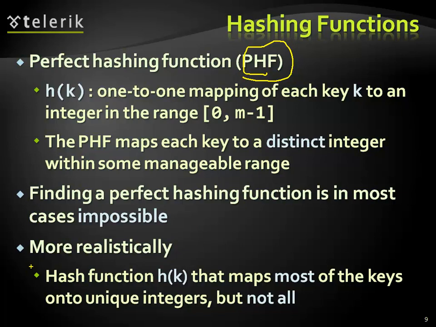So what is generally used in programming is an almost perfect hash function. What does an almost perfect hash function mean? Well, it means that collisions are as rare as possible.